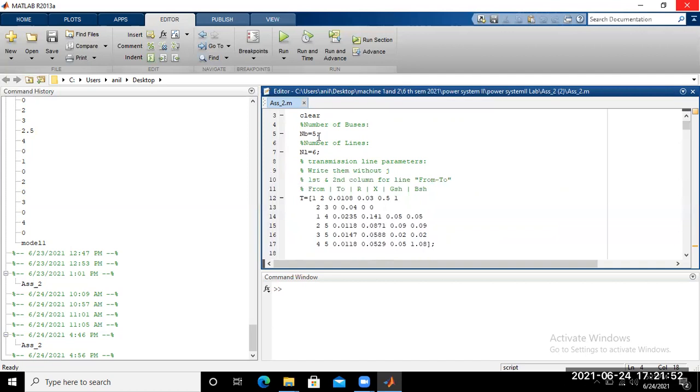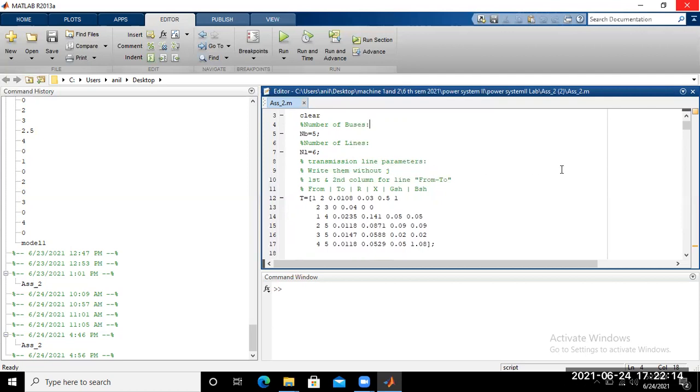If you change the number of buses, that means 7, 8, the order of the matrix is also changed. Okay, so if you run this program, then you get the impedance matrix.